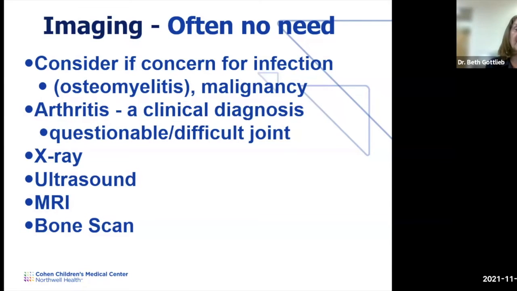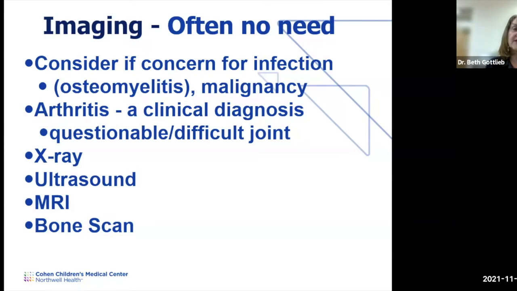If you're concerned about maybe osteomyelitis, malignancy, maybe, so think about that for infection. For arthritis, doesn't help us to have an X-ray. Only in really long-standing arthritis might we want to see if there's been some bony changes or some damage because of long-standing undiagnosed arthritis.